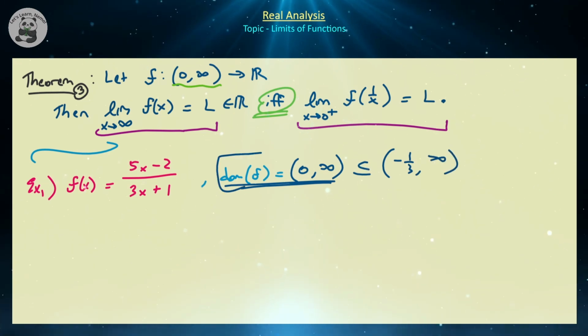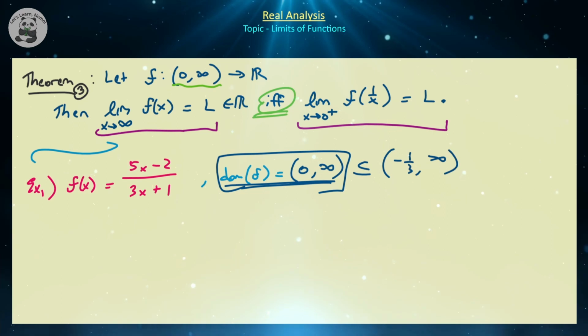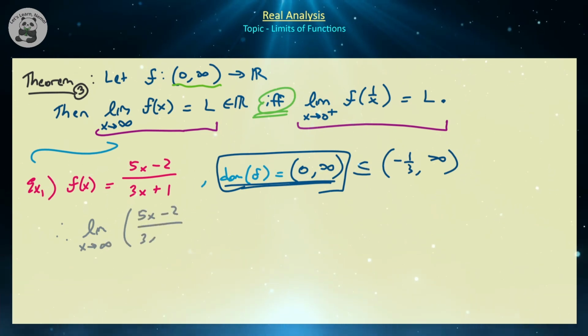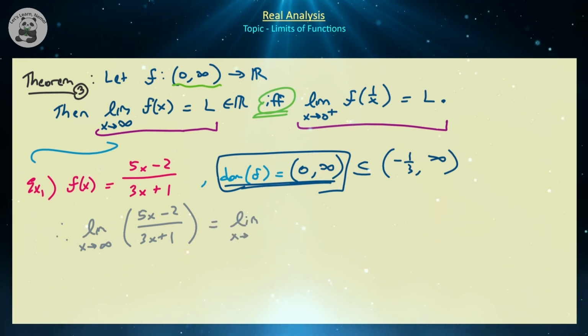So we're going to be taking the domain to be 0 to infinity so we can instantiate this rule. So what does that mean? That means the limit as x goes to infinity of (5x minus 2) all over (3x plus 1) is going to be equal to the limit as x approaches 0 from the right-hand side of 5.